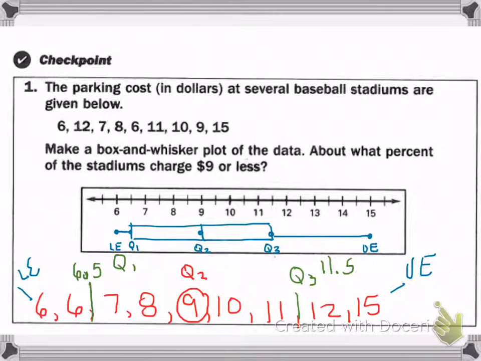Now we want to answer the question, about what percent of the stadiums charge $9 or less? So I'm going to look at my $9 mark. And I notice that there are 2 sections of the box and whisker that are below the $9 mark. Because we divided the data into quarters to create the box and whisker plot, each section is 25%.